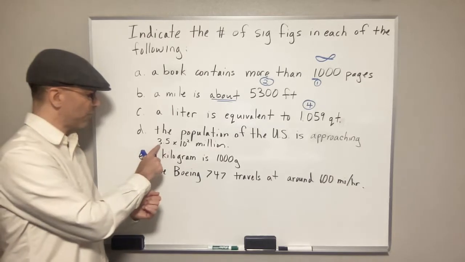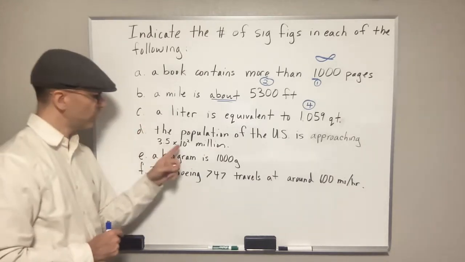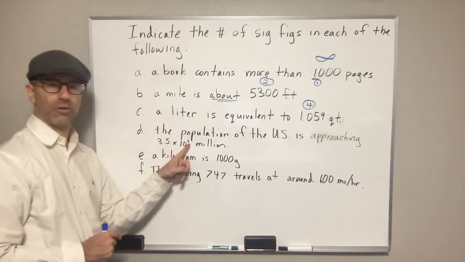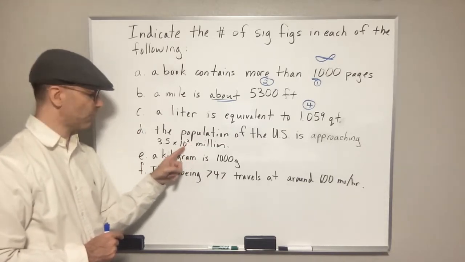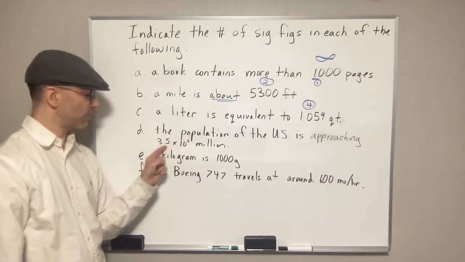So here we have a 3 and a 5, so that would be two significant figures. We don't care about the superscript here. The power of 10 does not affect the number of significant figures. It's only these numbers here.